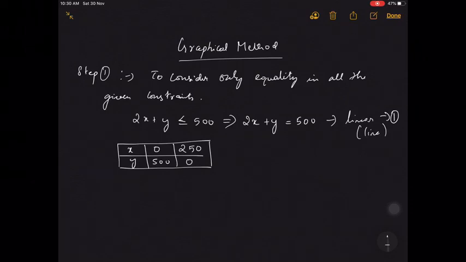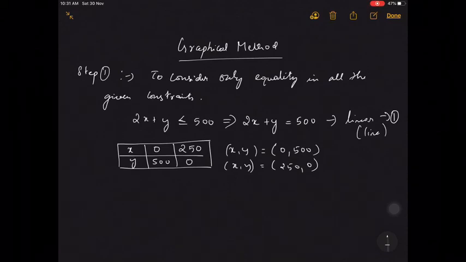Now we have 2 points, that is x comma y equal to 0 comma 500, and another point x comma y equal to 250 comma 0. These are the 2 points that we have for line 1, that is equation 1. We're going to plot these 2 points on the graph, then join them using a line, and that gives you the line of this equation.